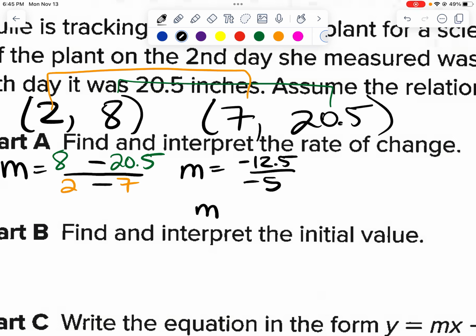And I'm going to get 2.5, and that's going to be inches per day.